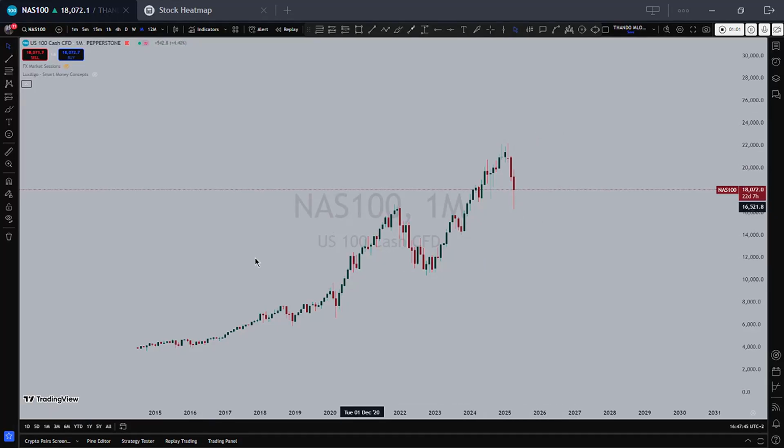So we're looking at the Nasdaq 100, and I'm going to be sharing the technical aspects of this, why this is happening and what's to happen next. Now, looking at the 1 month time frame, we can see that there is a bullish momentum.